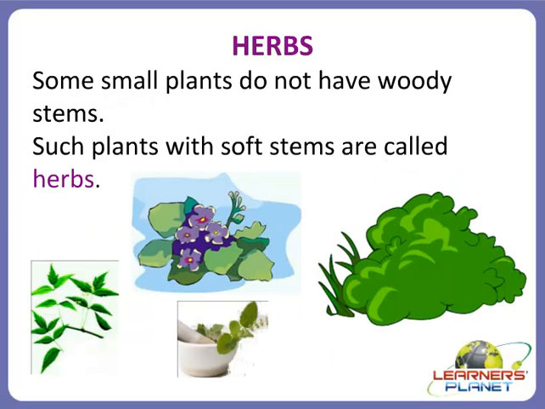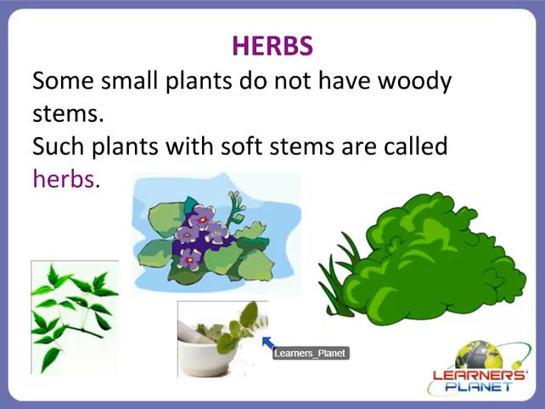Children, the third type of plants are herbs. Some small plants do not have woody stems. So such plants with soft stems are called herbs. For example, coriander leaves, grass, tulsi, neem.